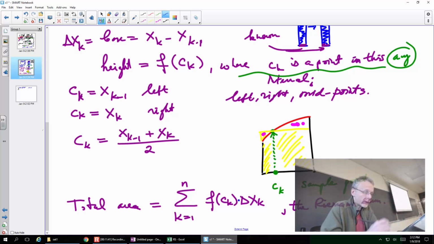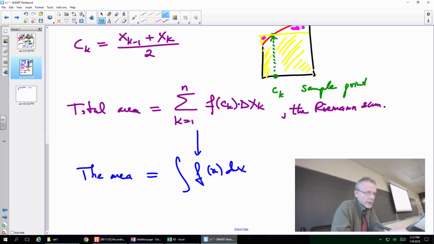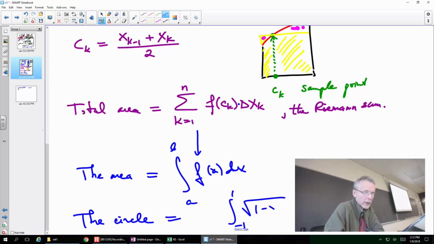After we take the limit, this is the total area, so the integral: the area is the integral of f(x) dx from a to b. In our particular case, the circle is the integral from -1 to 1 of the square root of 1 minus x squared dx.